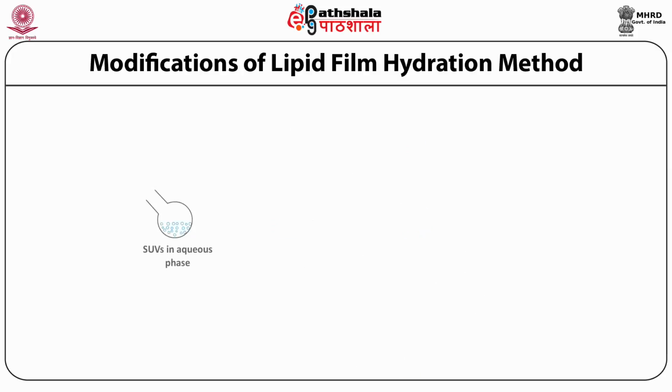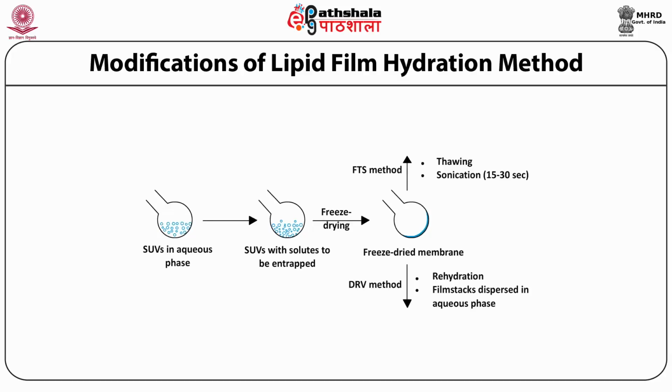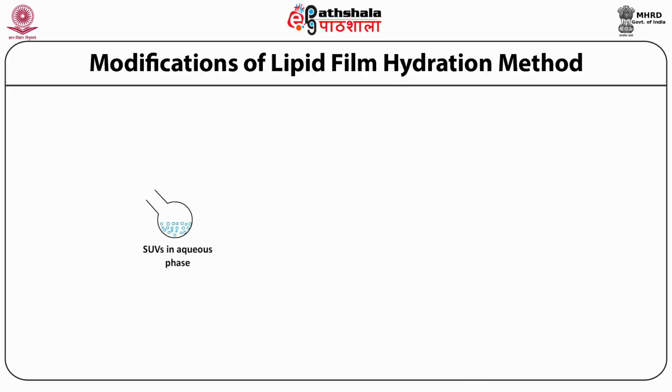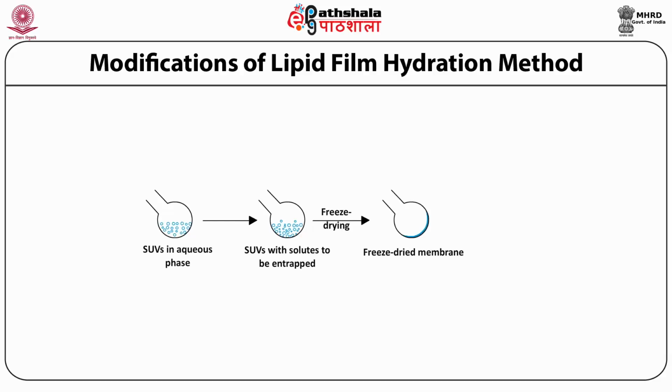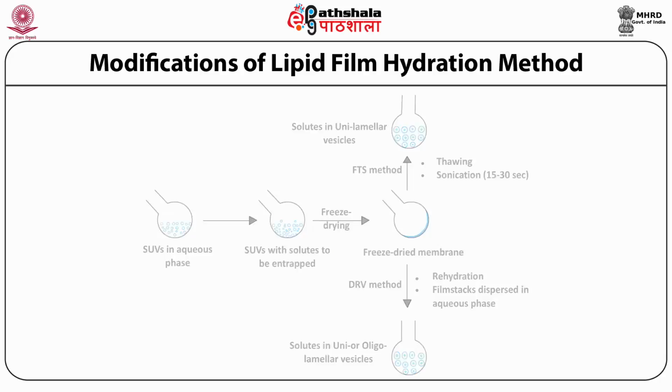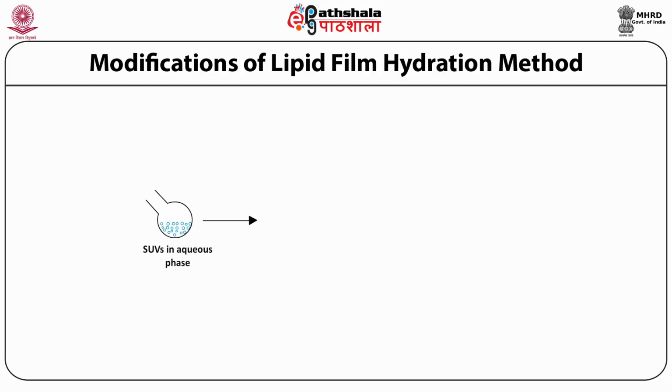The diagram is showing first small unilamellar vesicles in aqueous phase, then the small unilamellar vesicles are generally exposed to the solutes which have to be entrapped. Then after that we generally go for freeze drying. After freeze drying, we get a dry film in the round bottom flask. Now there are two techniques.